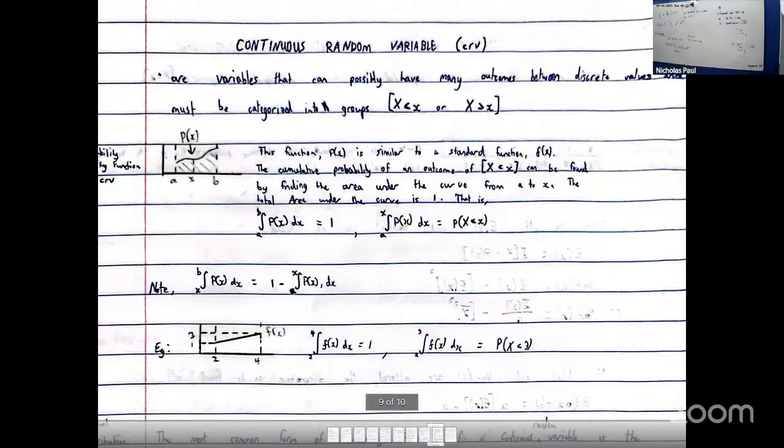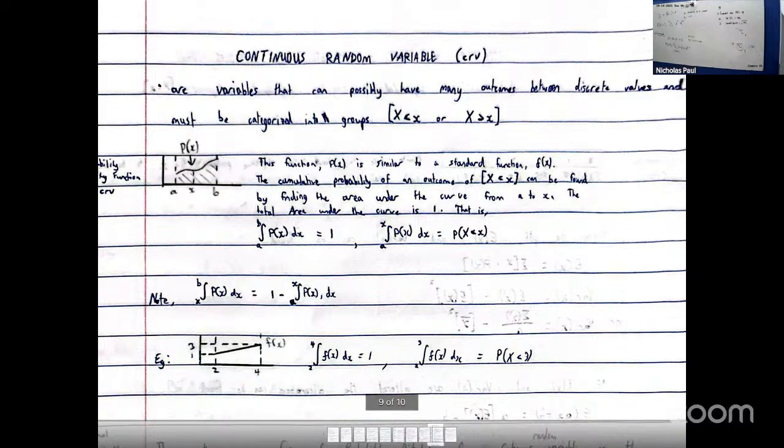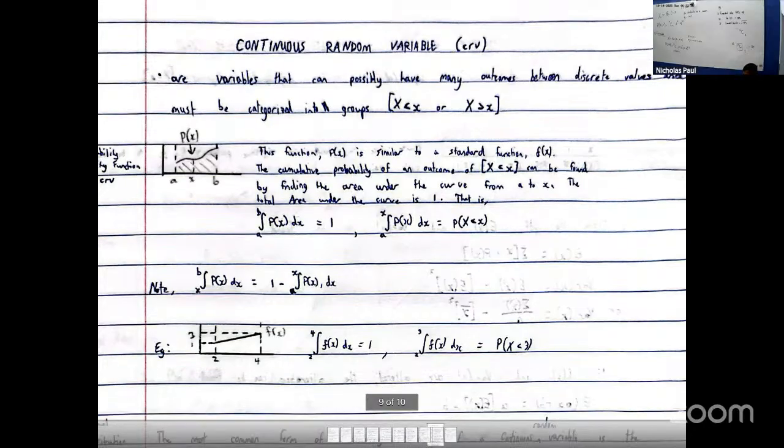Continuous random variables are variables that can possibly have more outcomes between the discrete values and must be integrated. So why integration? Integration is the way to get it for any function.